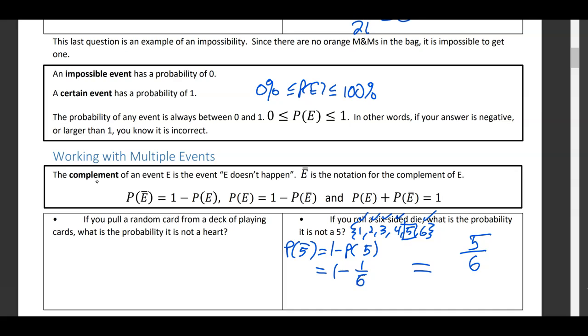Which is 5/6. So you can do the not 5 in 2 ways. You can add all the ones that are not 5, or you can just add the one that is a 5 and do 1 minus that. So 1 minus is pretty easy math, although it is fractions. So do you want to count 1 or many? That's really your choice.